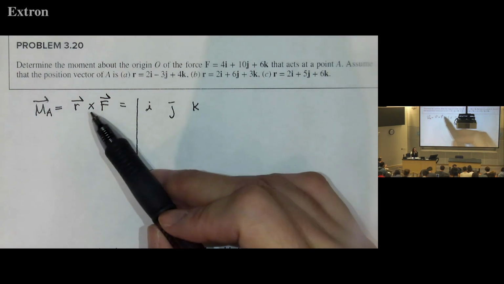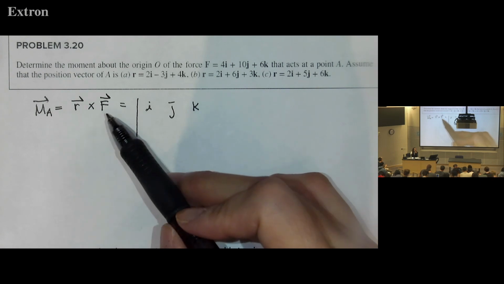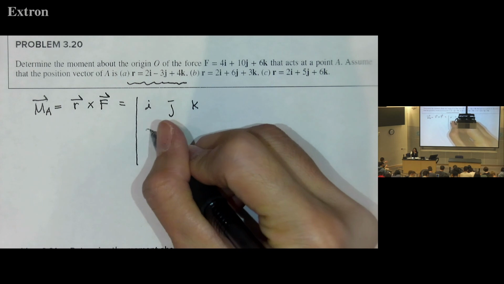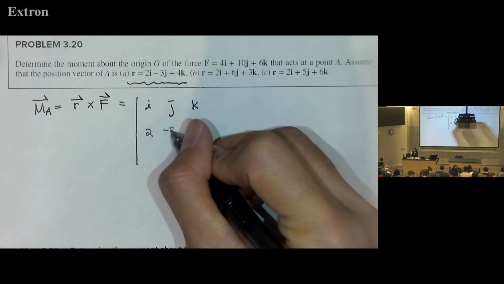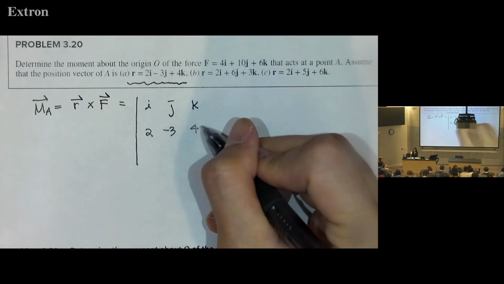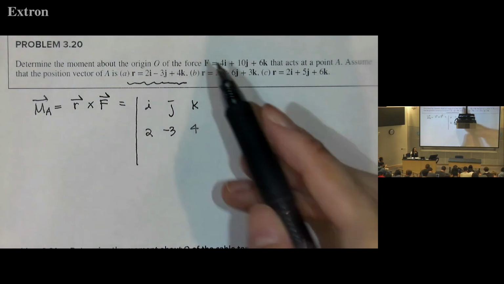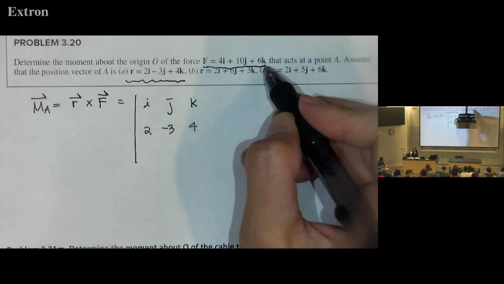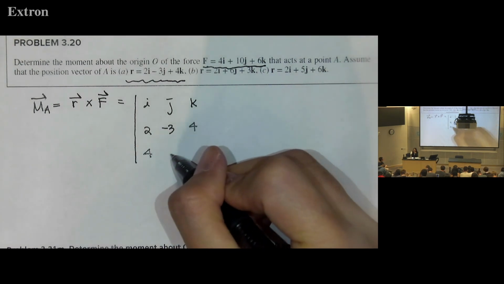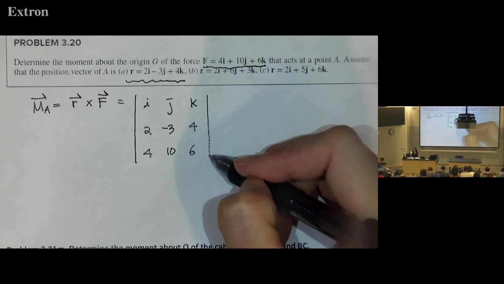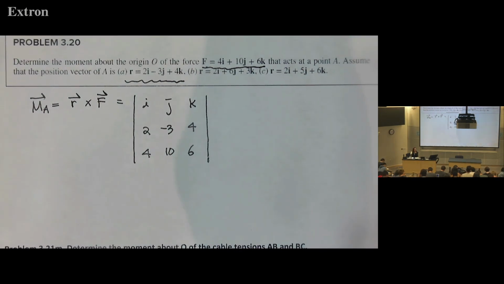And the second row is R. Third row is F, right? So for A, this is R. So 2i minus 3j, and then 4k. And then F is the same here. So 4i, 10j, and then 6k.